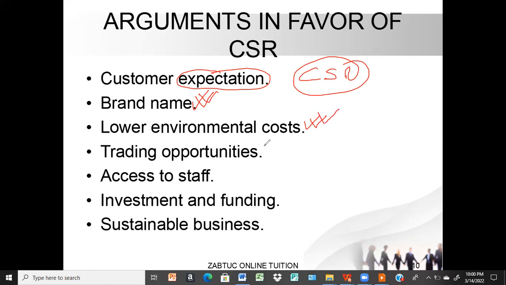You are going to create more trading opportunities for yourself. You're going to have access to many different, especially specialized staff to work for you. You are likely to attract more investments and more funding. Many funders want to know your CSR position.